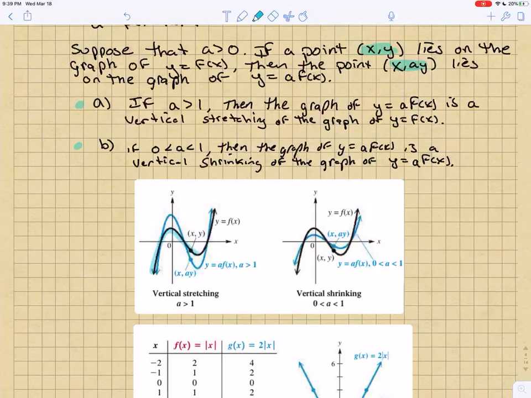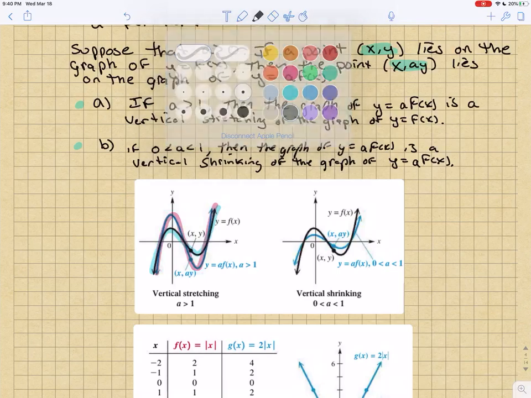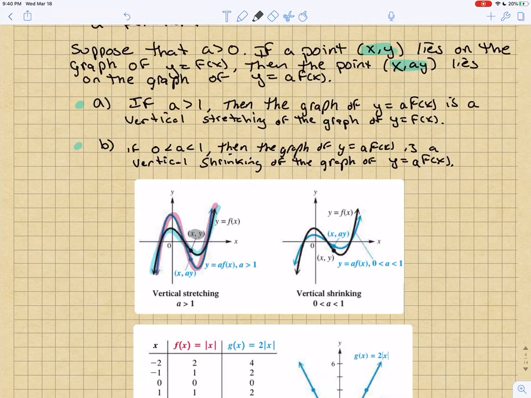This is the original function right here in black that I highlighted. And then a is greater than 1, so it's going to take the function and vertically stretch it, and it points out that the original function had the point x, y, and now the new one has x comma ay. All right? So it stretched it.